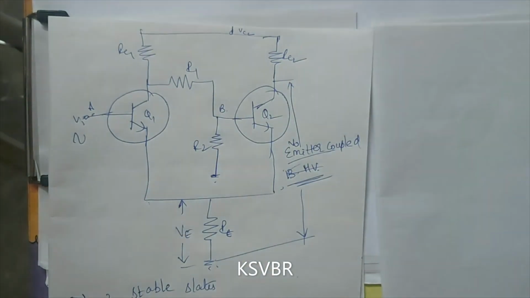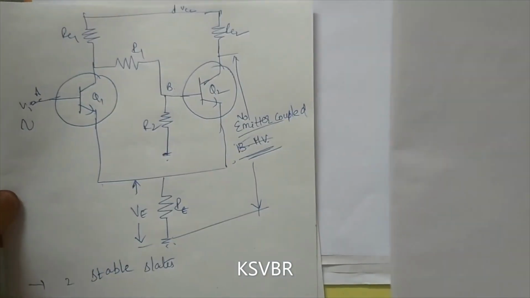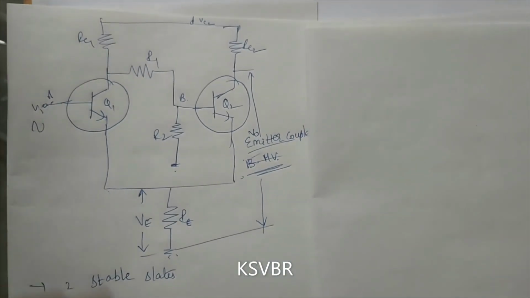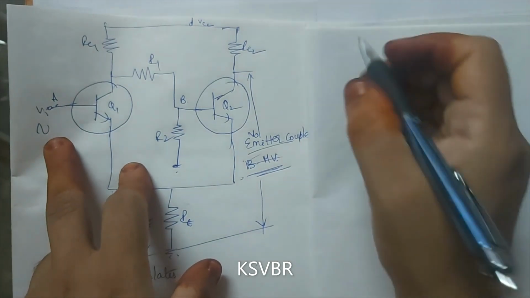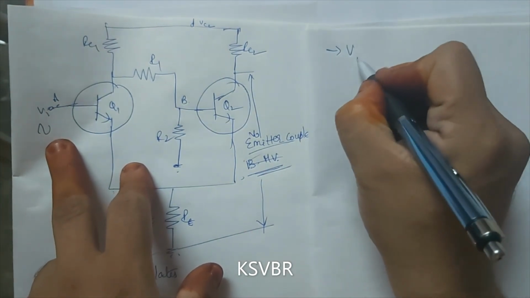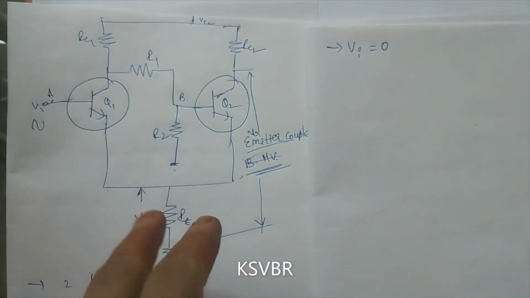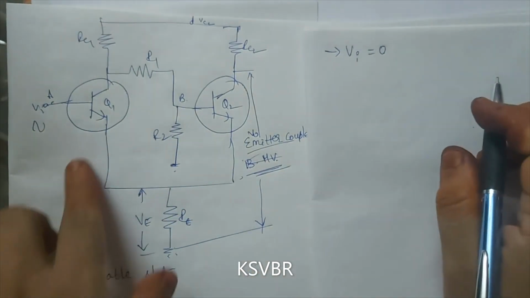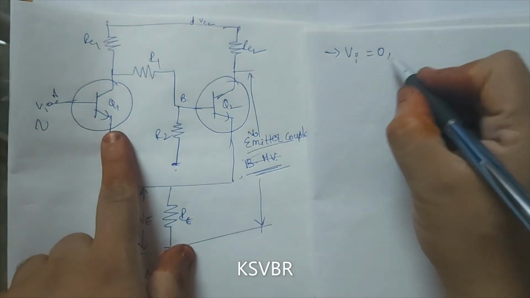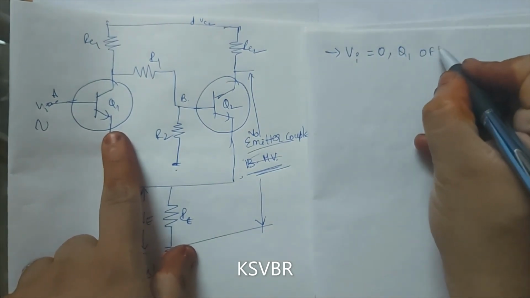In parallel keep your circuit diagram with you. And now see here, whenever V input is applied, initially let V input be equal to 0. If V input is equal to 0, what will happen? This Q1 transistor will be in off condition.